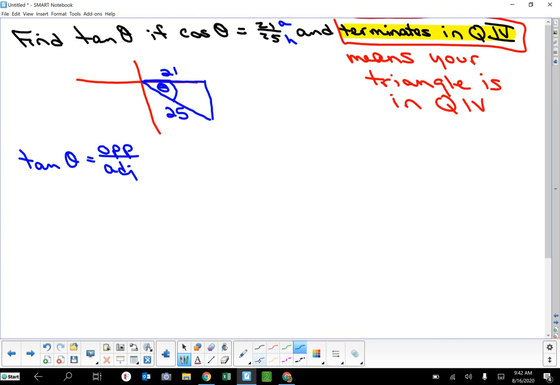So when we do this, we're going to need to find this side in order to do this problem. So we're going to have 21 squared plus x squared equals 25 squared. And then 21 squared is 441 plus x squared equals 625. And when you guys do this work, don't just do this in a calculator. Show all this work on your paper so I can see what's happening when you turn it in.